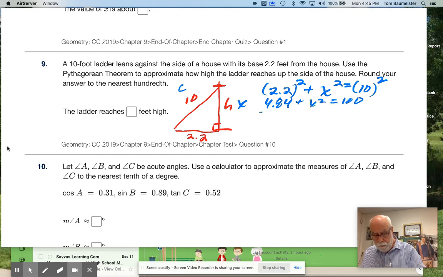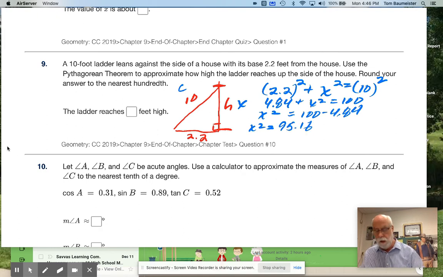I'm going to get x squared by itself. I will say x squared is equal to 100 minus 4.84. So x squared is equal to 95.16.